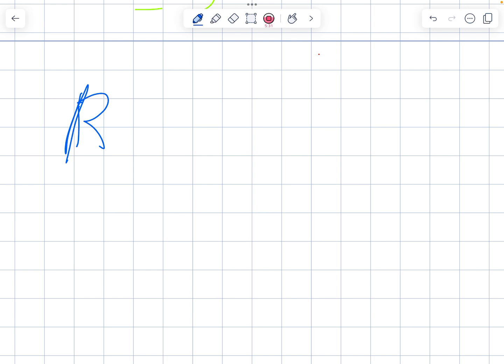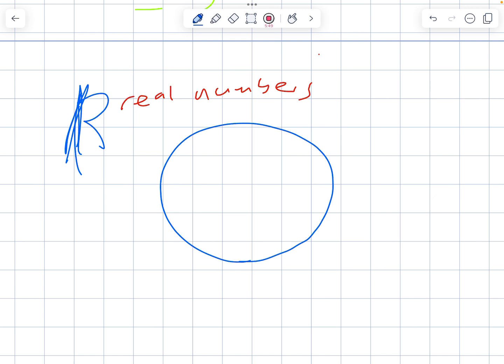This fancy R. Really, it's an R with a thick handle right here, a thick handlebar. R means the real numbers. And a quick diagram I like to use, not to get sidetracked when describing the different kinds of numbers, is to do something like this.